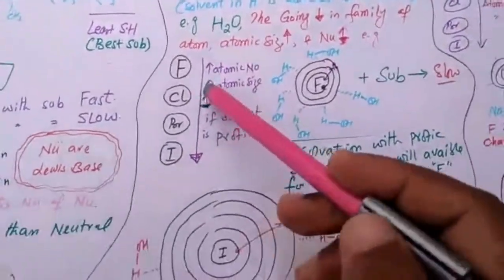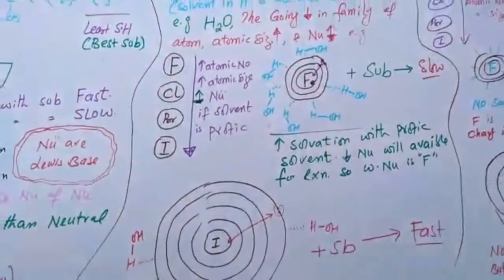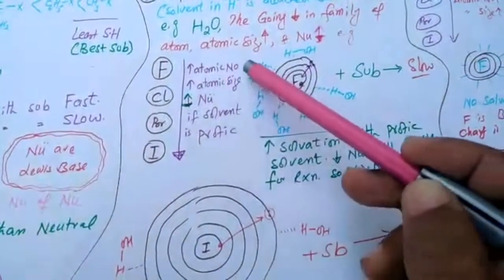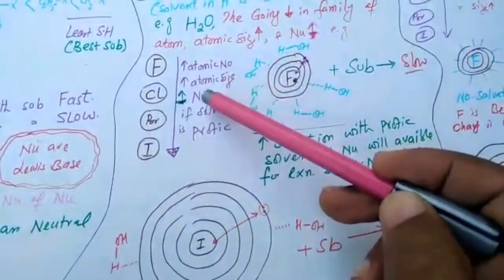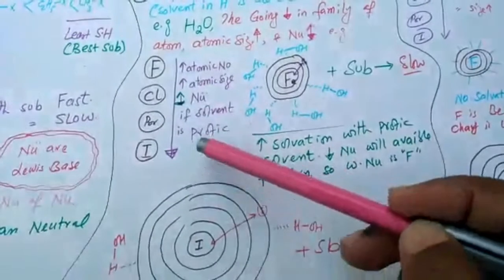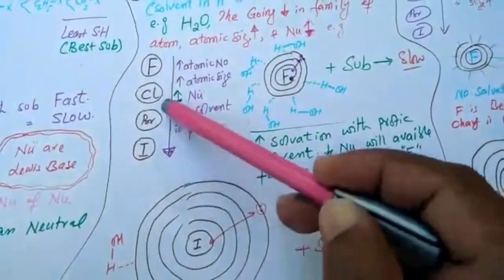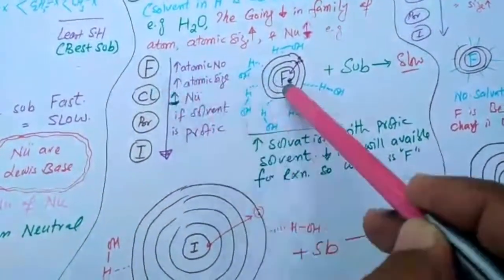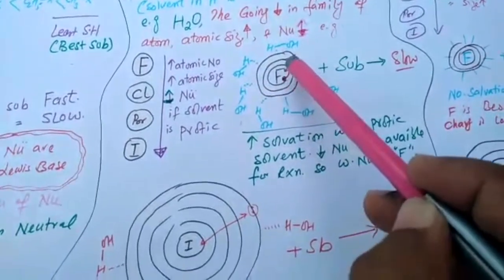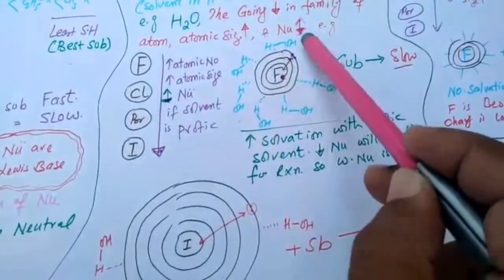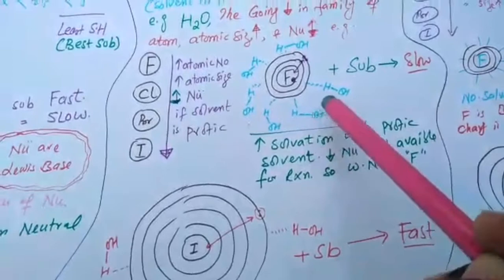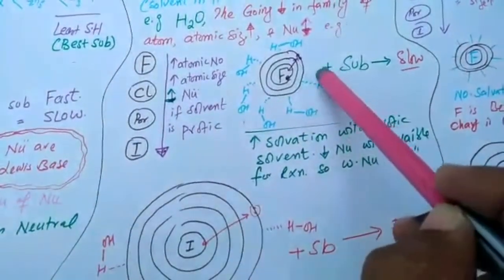For example, fluorine, chlorine, bromine, iodine. Going down, atomic number increases, atomic size increases, and nucleophilicity will increase if the solvent is protic. Why? Let's suppose this is fluorine. If we use this protic solvent water, the water will solvate the fluorine due to hydrogen.